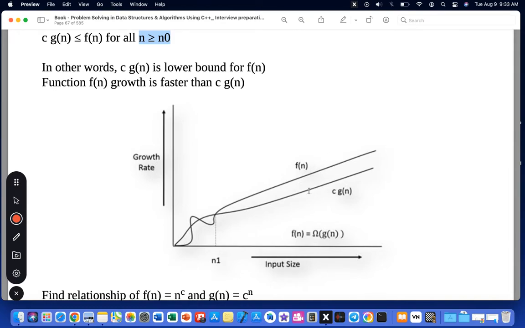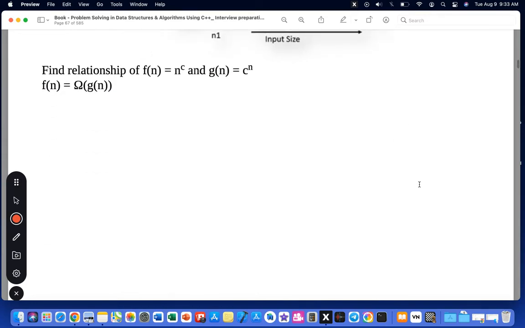Here we see it's the opposite of the previous case. Over there it's the O, here it's the omega. In other words, the constant c times g of n is a lower bound for f of n. The function f of n grows faster.